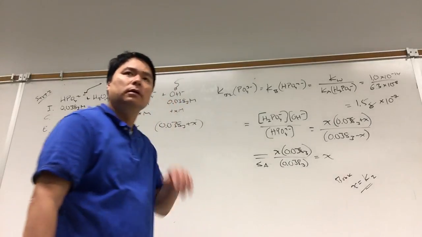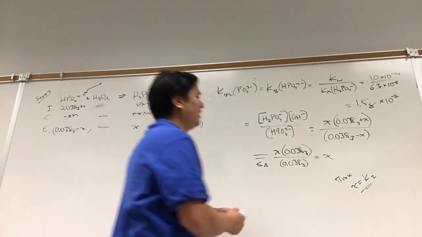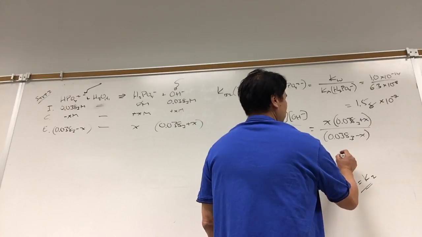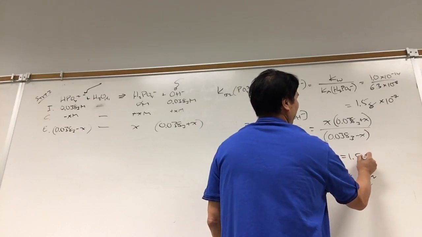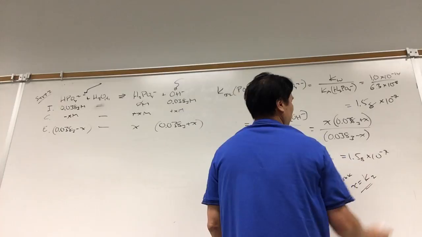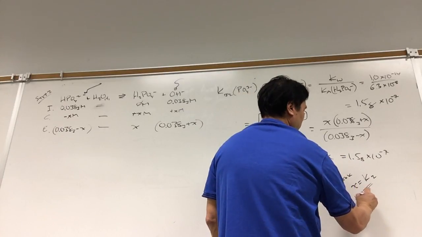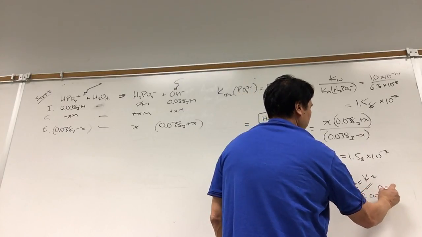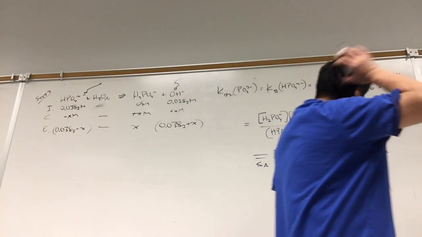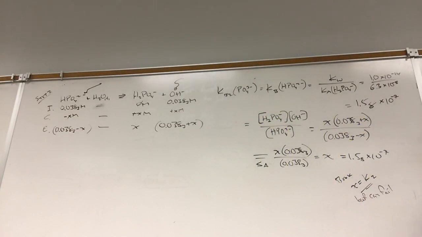Also, okay, let's figure out the percent. So in other words, x is equal to 1.58 times 10 to the minus 7. 1.58 times 10 to the minus 7, which gives us percent change of what? 4.14 times 10 to the negative 4%.